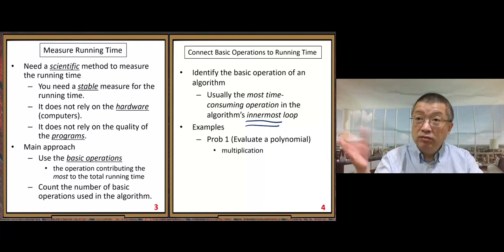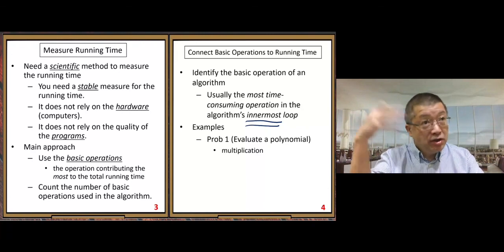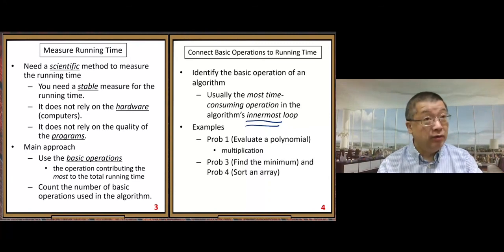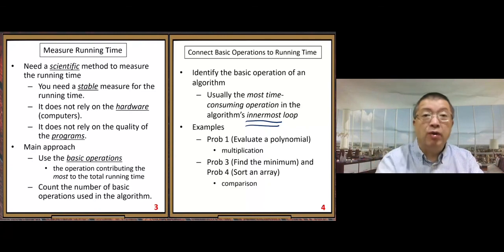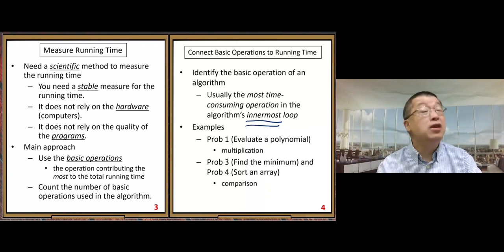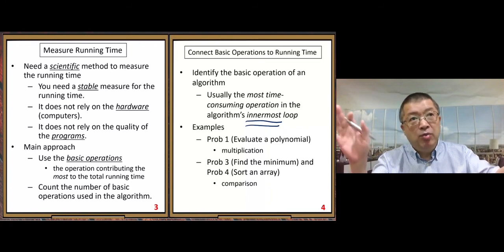Multiplication dominates, taking most of the time. Problems number 3 and number 4 are similar, because we use the comparison operation in these two problems. So you can see that easily. All right, so that's our video 8.2.